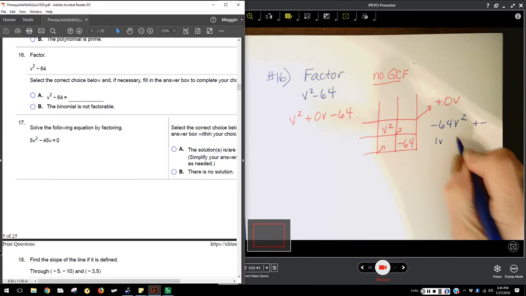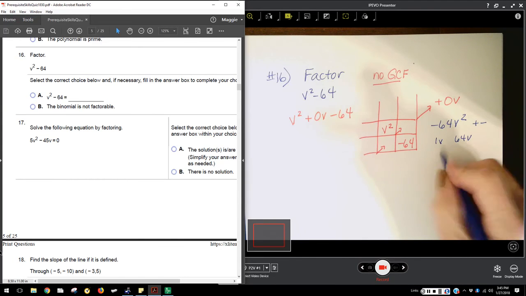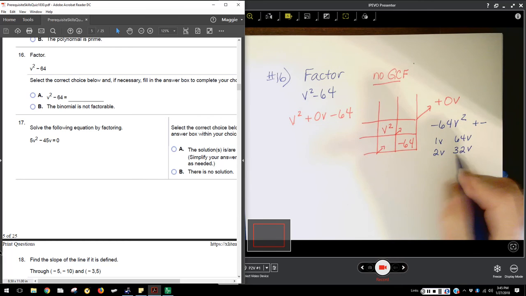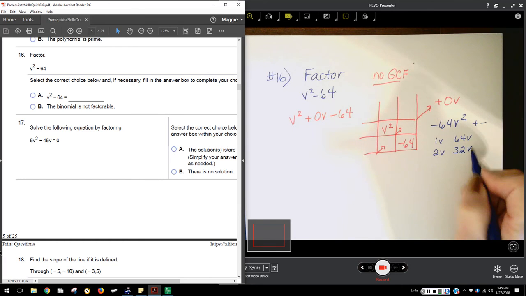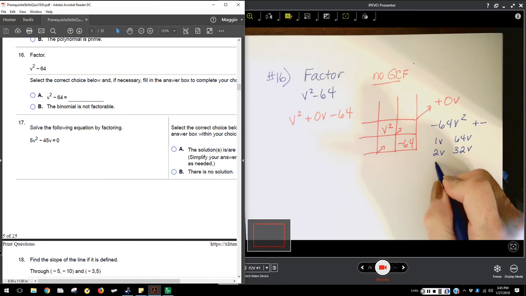1v times 64v, which obviously, regardless of how I arrange the signs, is not going to give me a 0. 2v times 32v multiplies out right but doesn't give me a 0 in the center. 3 actually doesn't work.